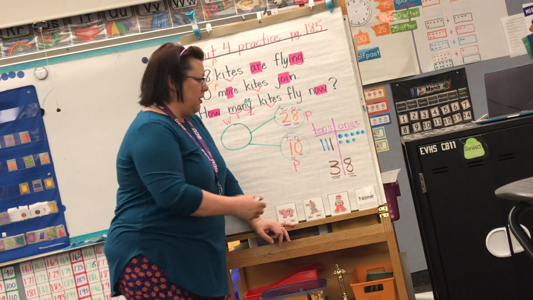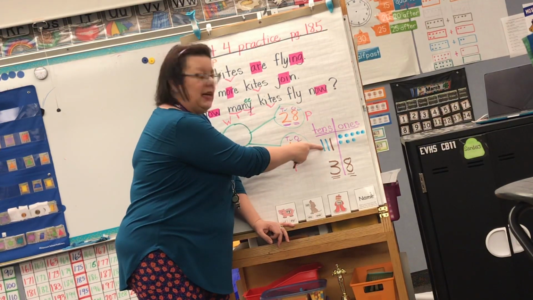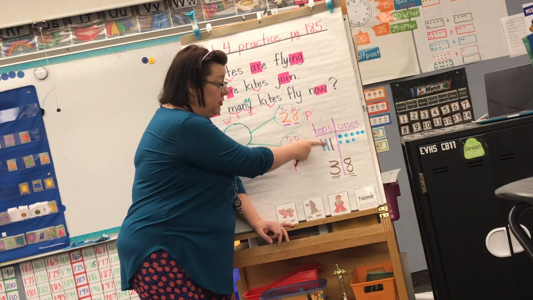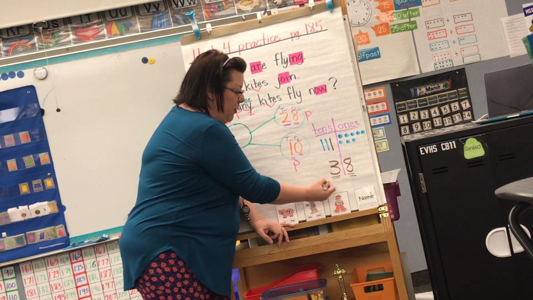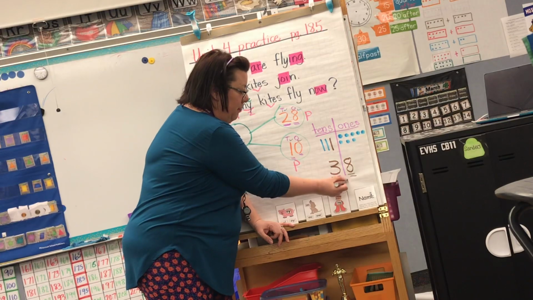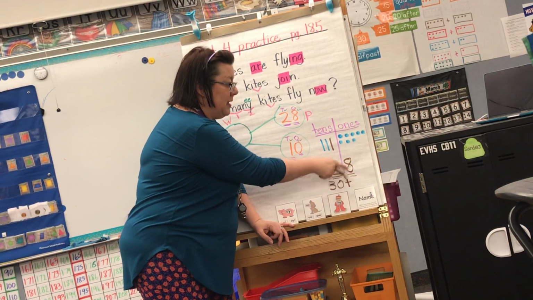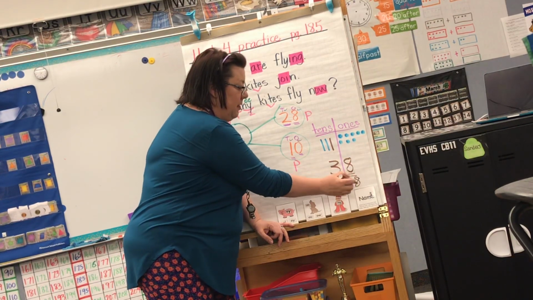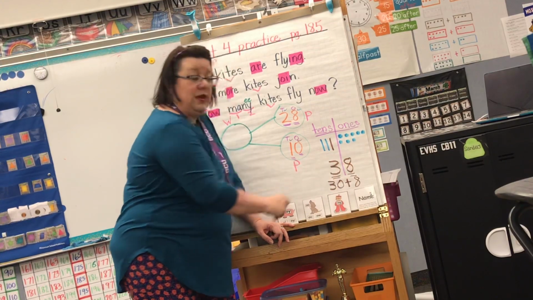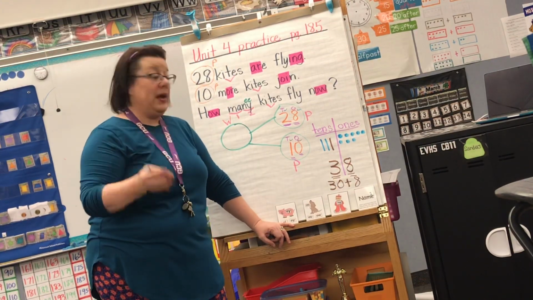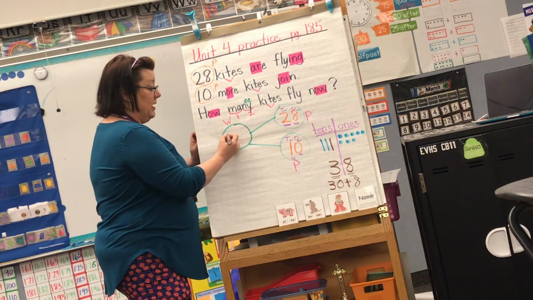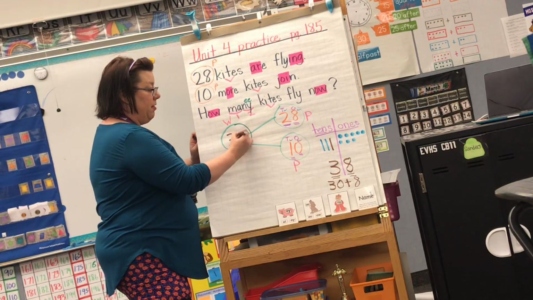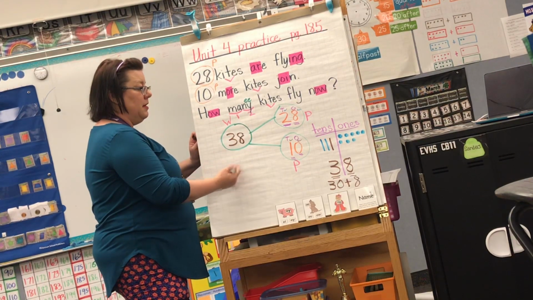Just to double check. Well, I know that 10s I can add by 10s. 10, 20, 30. In expanded form, I could say 30 plus how many ones? 8 ones. Well, does 30 plus 8 equal 38? Yes, that's another way to double check. So my answer here is going to be 38.